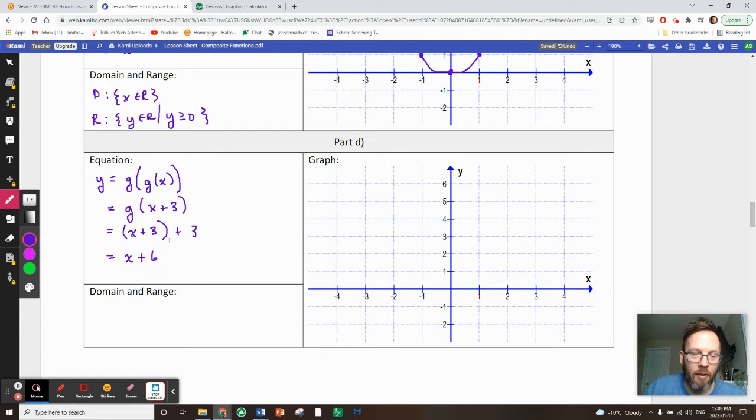x plus 6. So kind of neat, when the function was quadratic, when we did a quadratic function composed with another quadratic, we got a quartic function. Here we did a linear function composed with a linear function. We got another linear function. This function has a y-intercept of 6 and a slope of 1.